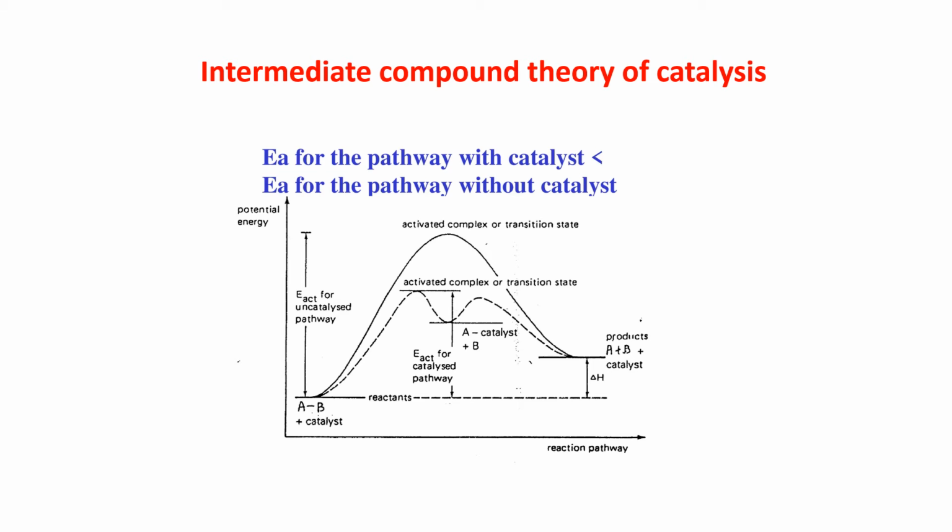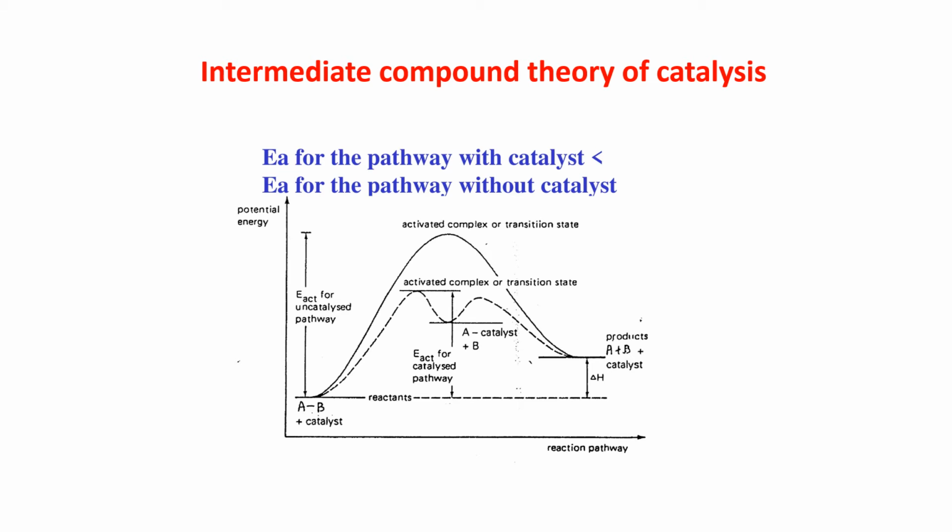The black solid line is showing the pathway for the reaction without catalyst, and the dotted line is showing the pathway for the reaction with catalyst. Now from these two lines you can understand that the first line, the pathway for the reaction without catalyst, is having more activation energy.